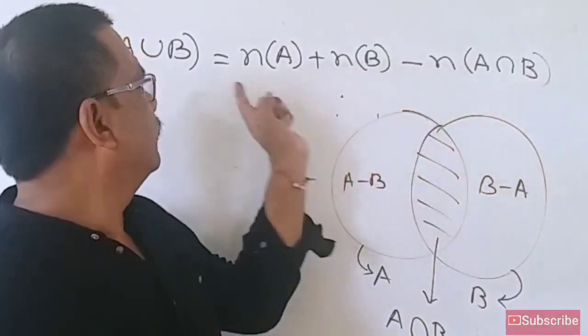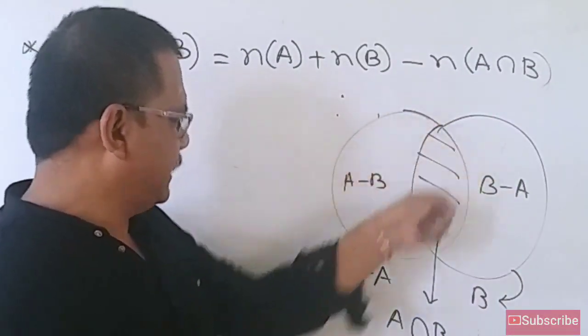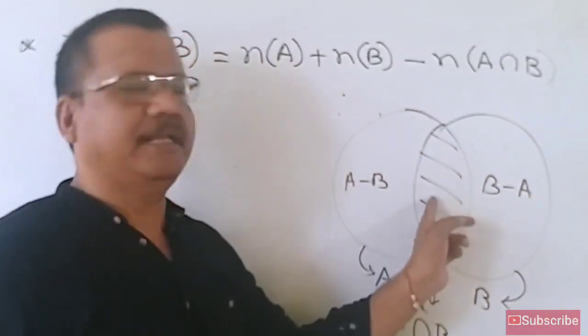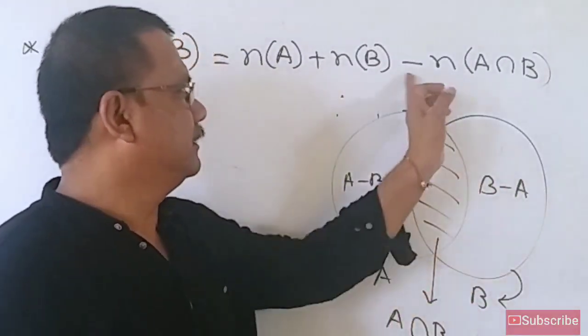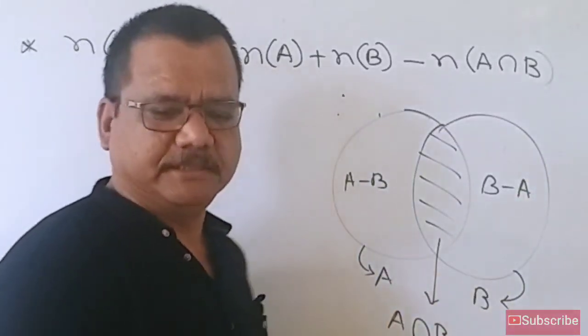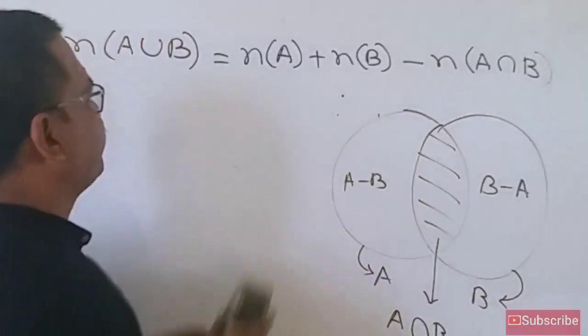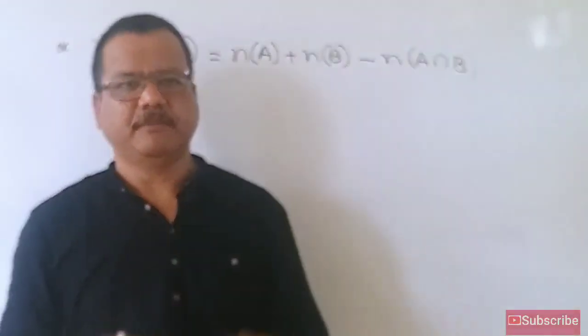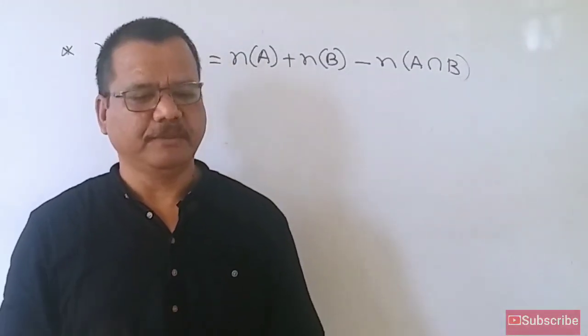Their summation means A is added, B is added, and this common part is added 2 times. That's why it is subtracted once. And the union is this whole. Using this formula we will solve some problems.